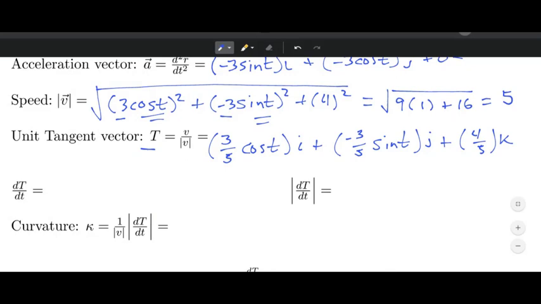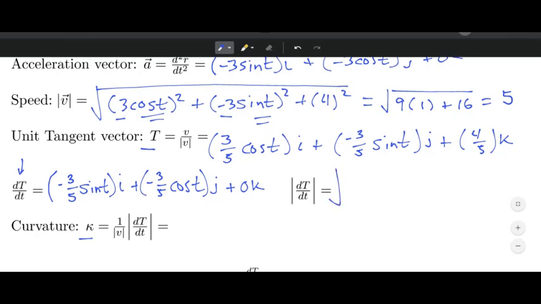Next, we want the derivative of this vector because we're going to use that very soon in the curvature calculation. Taking the components and differentiating, we get negative 3/5 sine t for i, and negative 3/5 cosine t j. The derivative of 4/5 is just 0, so plus 0k.